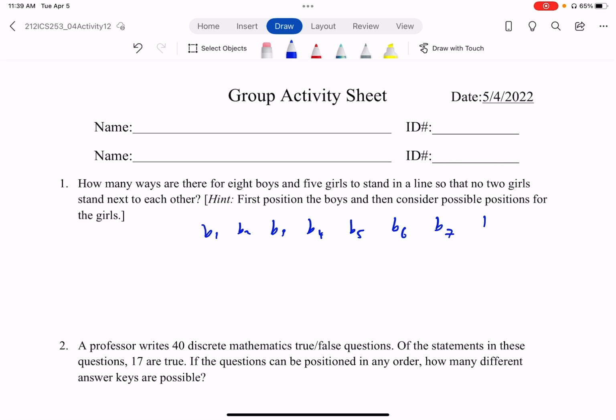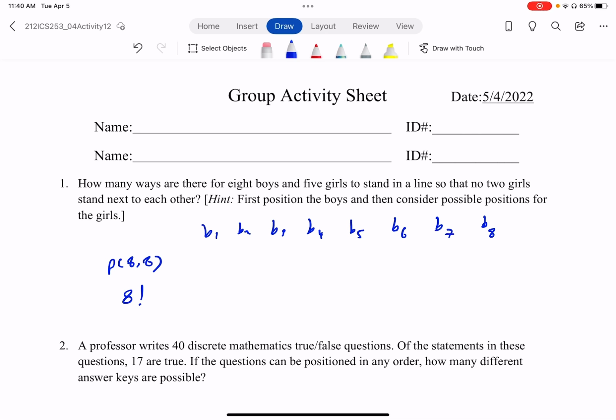We have 8 boys, right? B8. Now, in how many ways can I position the 8 boys? 8 factorial, or P88. Either you say P88 or 8 factorial, they are both the same. Now, for each one of them, I need to place the girls.